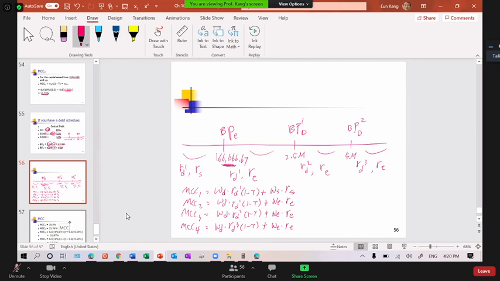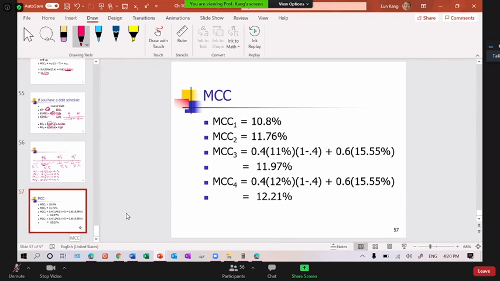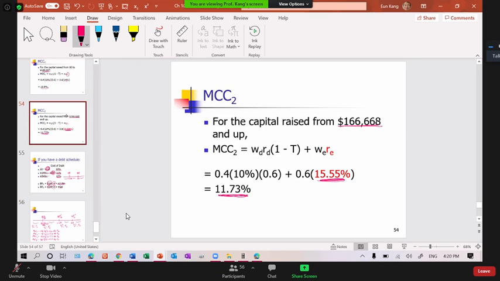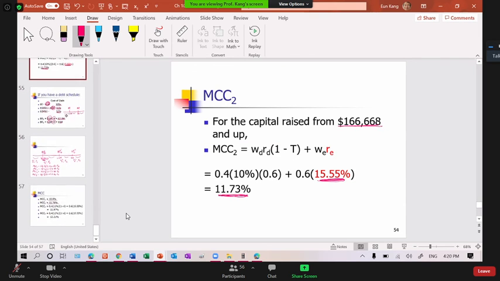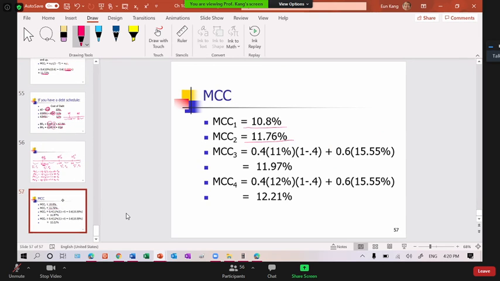So MCC1 and MCC2 we already calculated, right? From the previous one. Then MCC3 is what? Look at this.